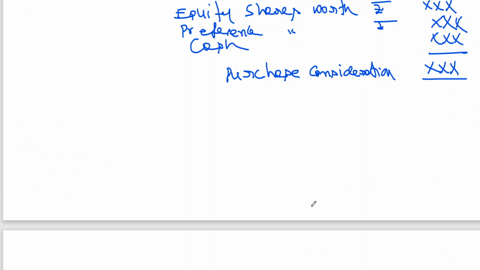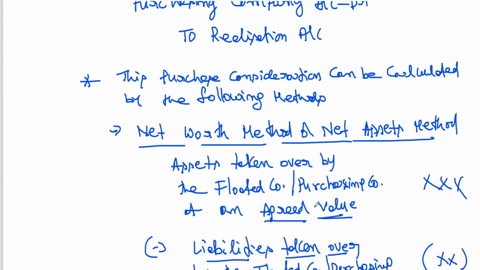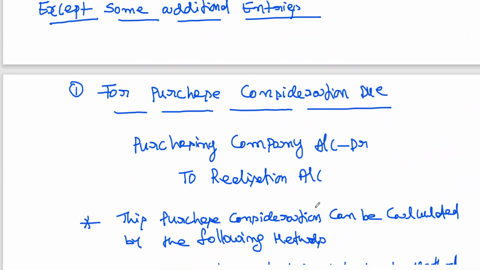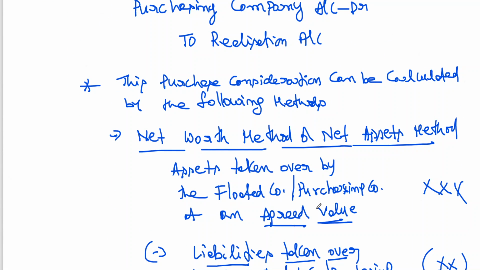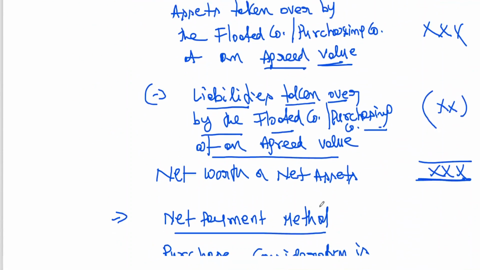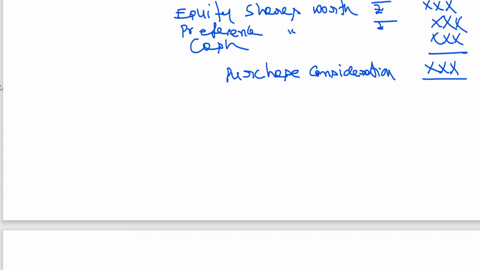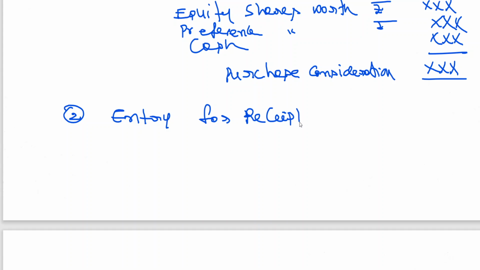Okay, coming back to this now. The first entry I have told you already, for purchase consideration due. The second one is the entry for receipt of purchase consideration. Now you have to receive the amount, no?